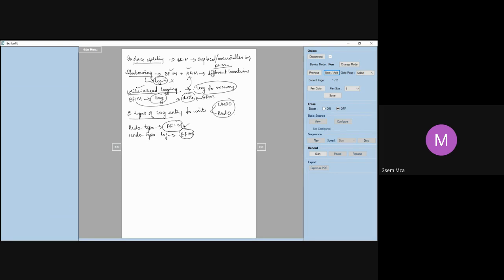A redo type entry will include the AFIM value. AFIM is what? After image. That is the new updated value, which should also be recorded in the log, because if the transaction is aborted or failed and you want to redo this operation, you will have to make use of it. An undo type log entry will include the old value of the item, because you have to undo something which you have already done.